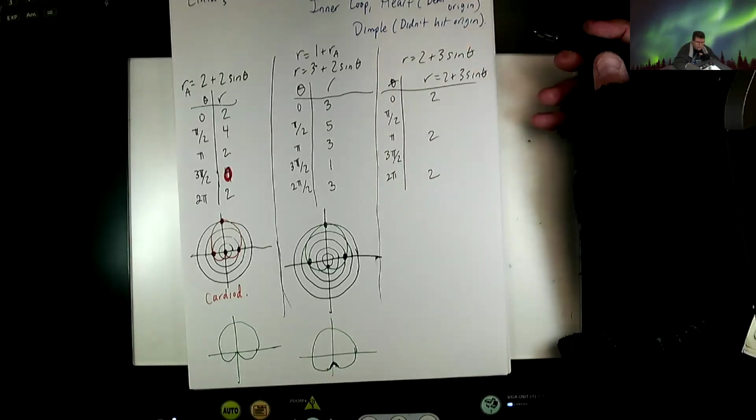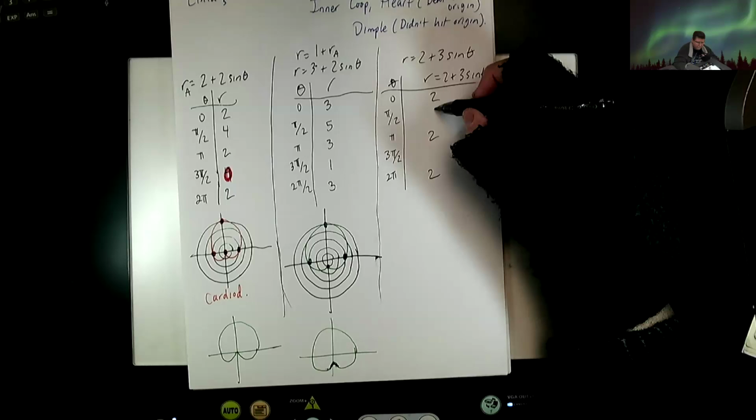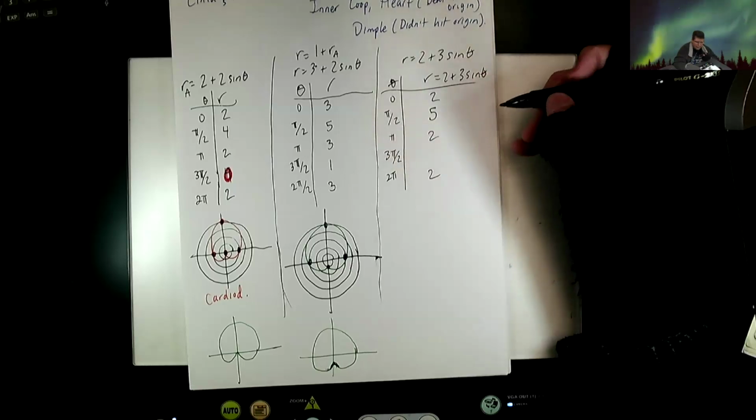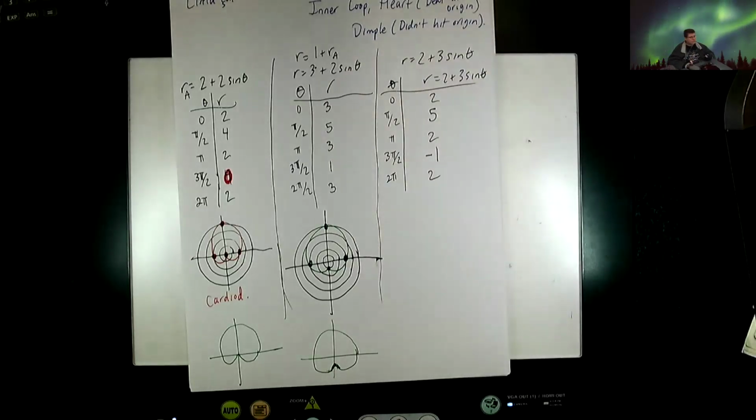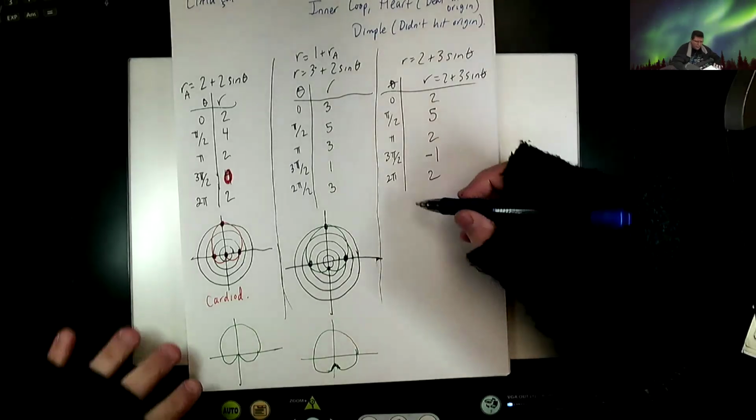This one should be 5. And 3 pi over 2 is going to be 2 minus 3, which is -1. There's some point here, let's see.